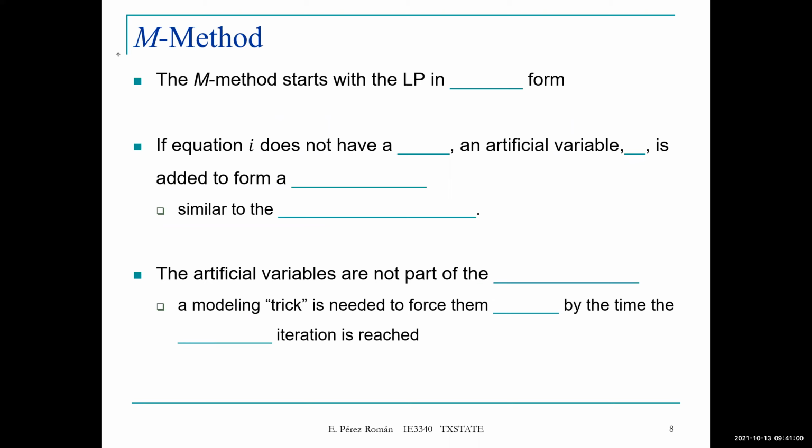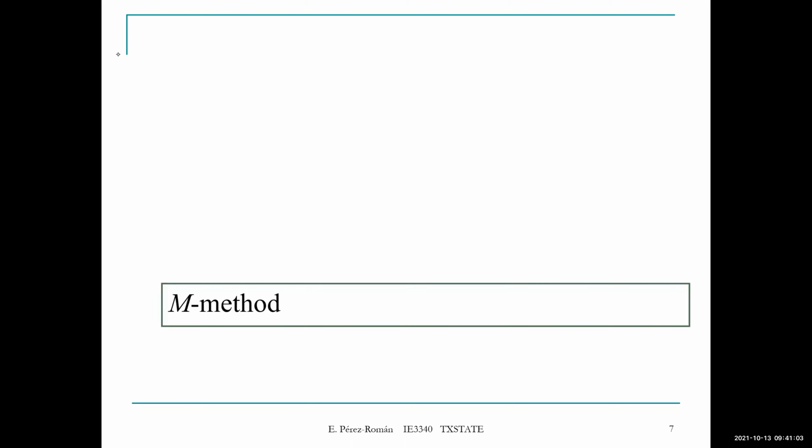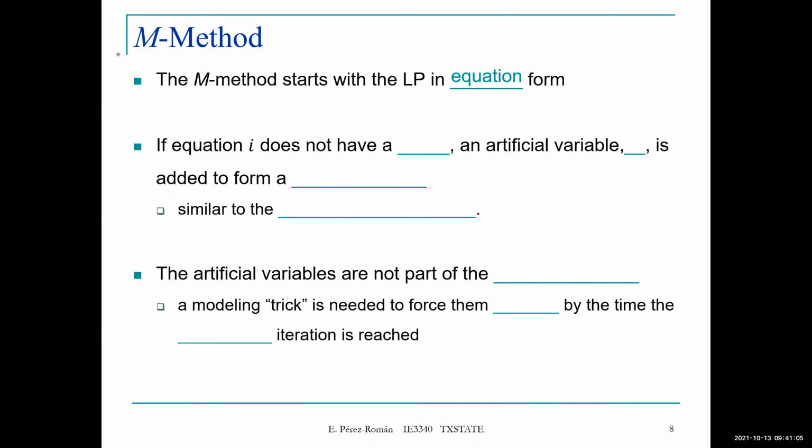The M method starts with the LP in equation form. If equation i does not have a slack, an artificial variable Ri is added to form a starting solution, similar to the all-slack basic solution. The artificial variables are not part of the original problem. This is a modeling trick which is needed to force them to zero by the time the optimal iteration is reached.